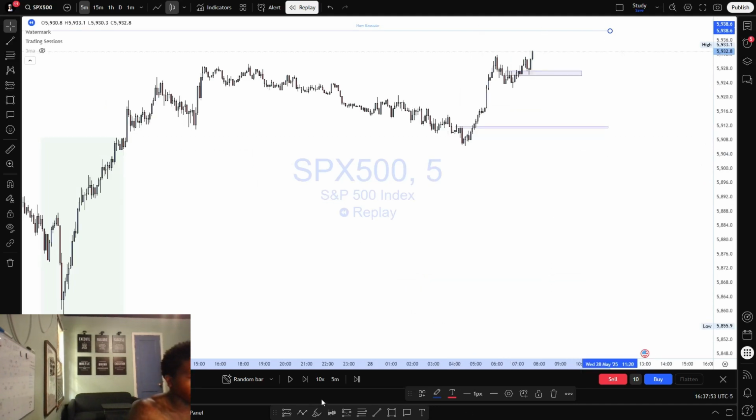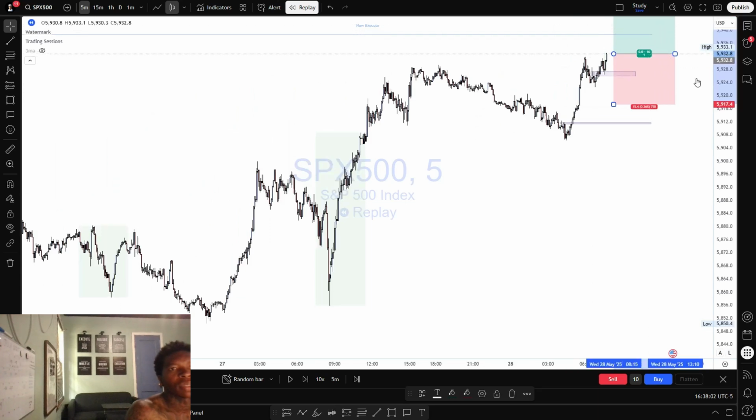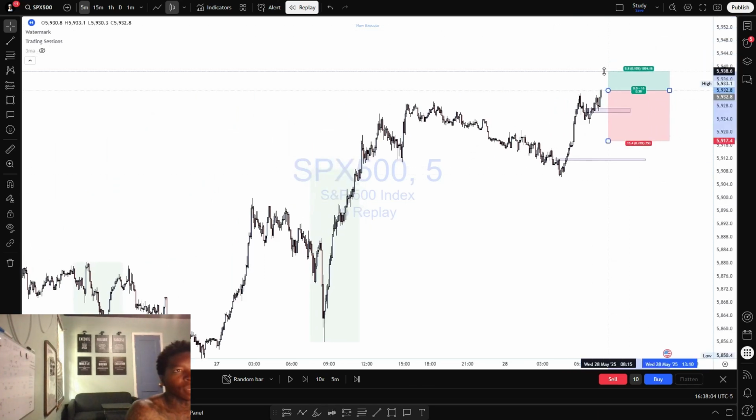If we took this position, is this a 1-to-1 or what is this? Let's go. So here, target here, stop loss. There's not a 1-to-1 for this.